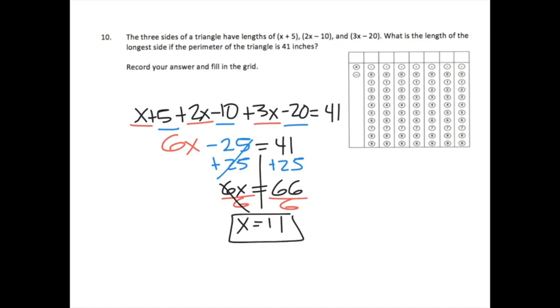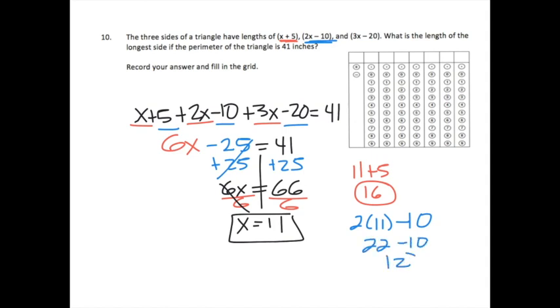So now I'm going to check what is the length of that side, the x plus 5. So that's x plus 5, x is 11 plus 5. That gives me 16. That's the first side. Then I have 2x minus 10. So 2x, which is 11, minus 10. 2 times 11 is 22, minus 10. That's going to give me 12. That is the length of that side.